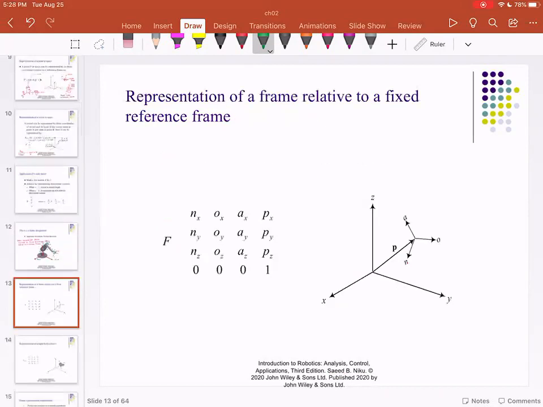So this is what is being discussed in this slide, wherein you have a point P here, and you have this point O. What I want to do is represent the orientation and position.